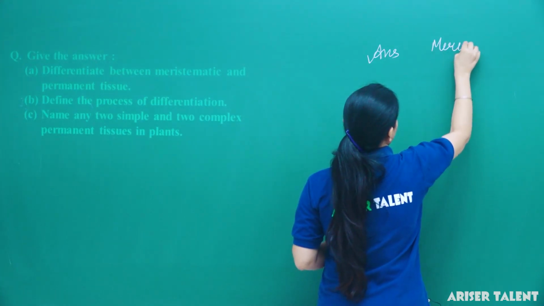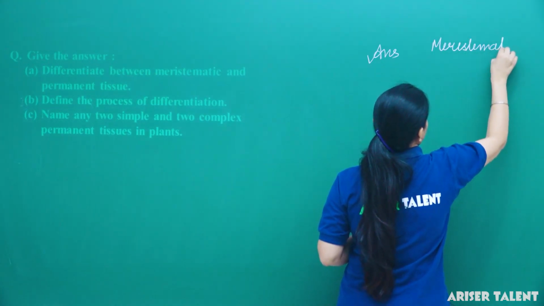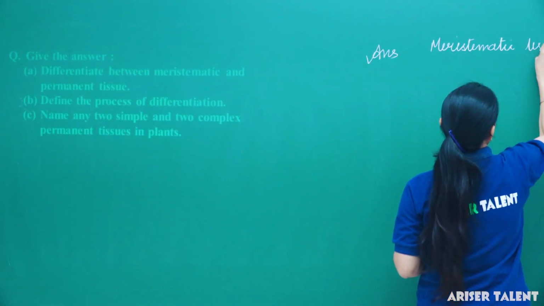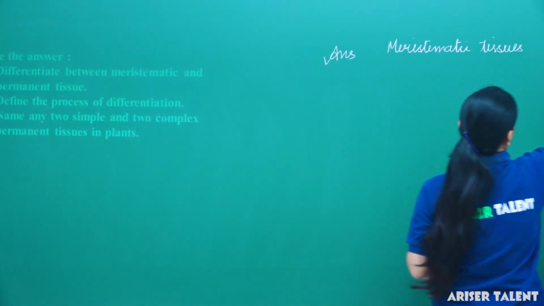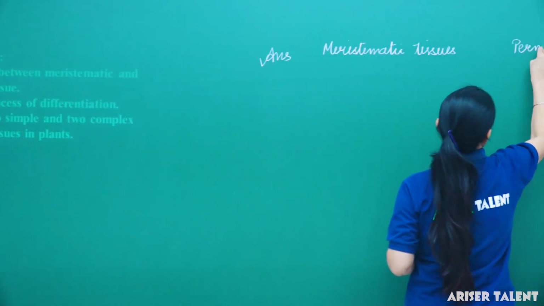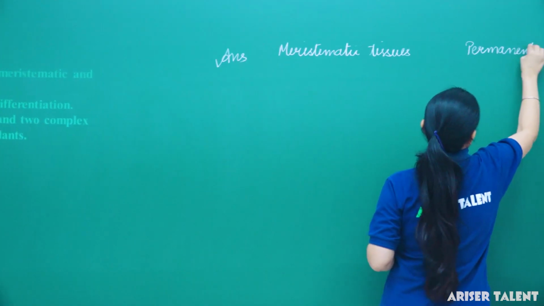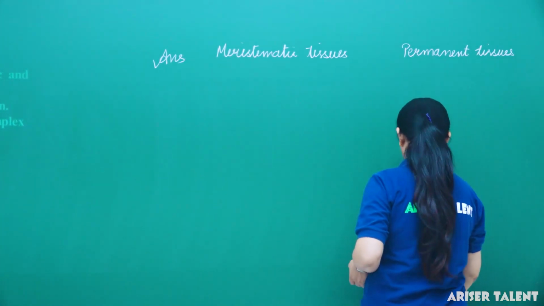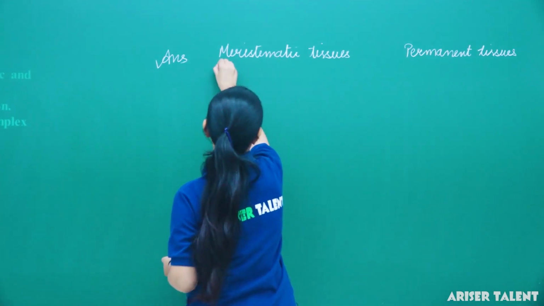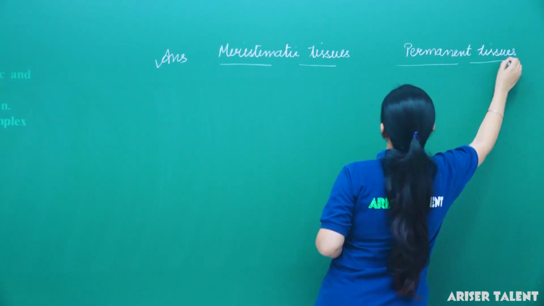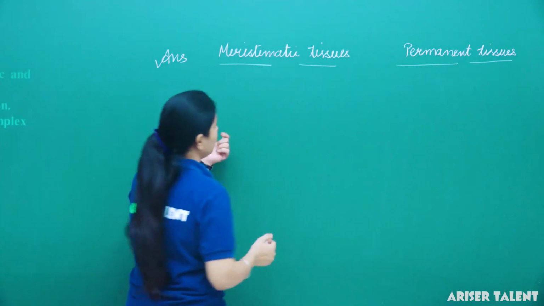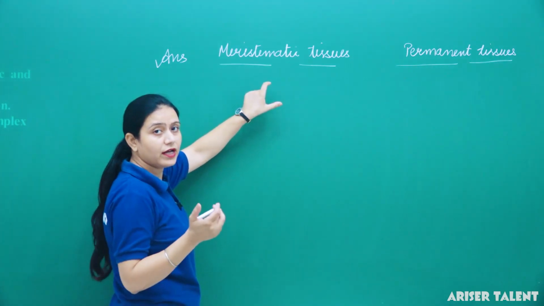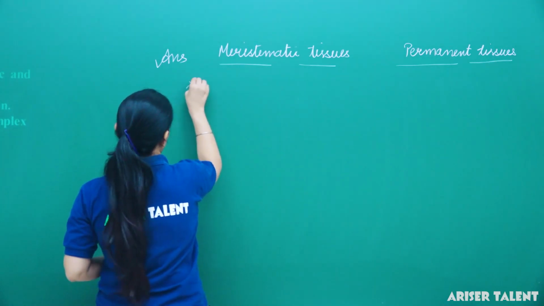Meristematic tissues and permanent tissue. If we talk about the meristematic tissues, then cells are small, isodiametric and undifferentiated.